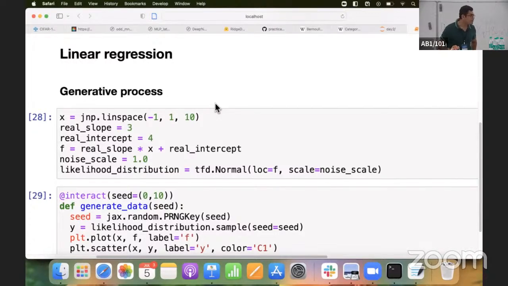Other examples, you think? Salaries given the height. Salaries given the position. So how do you encode the position as a... Okay, salary given age. Yes.